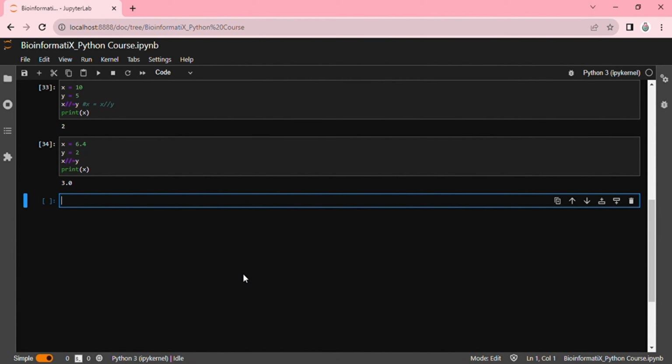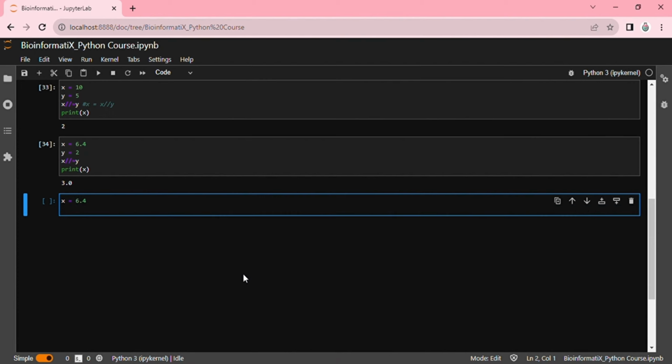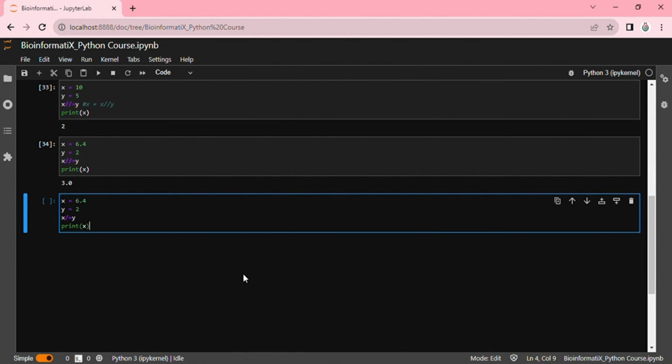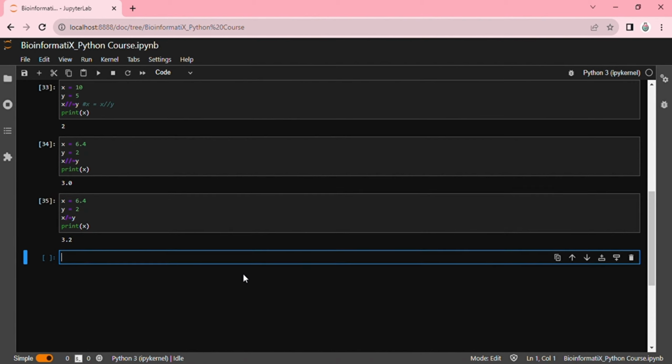But we got 3. For example, if x equals 6.4 and y equal 2 and I do division, slash over y, and then print x, here I got 3.2, but when I put double slash, I got only 3.